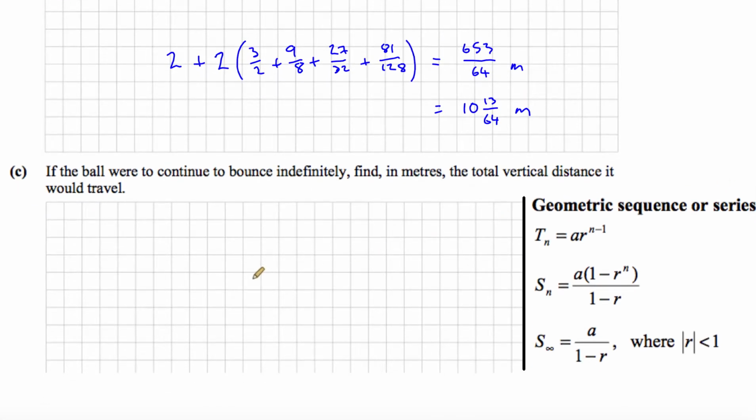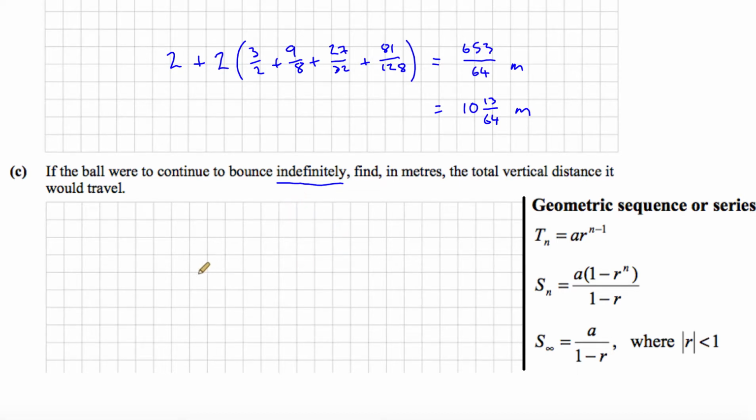Okay, part C. If the ball were to continue to bounce indefinitely, find in meters the total vertical distance it would travel. Okay, so if the ball were to bounce indefinitely, that's another way of saying it bounces an infinite number of times. It keeps bouncing. And remember, if it bounces to 3/4 of its previous height, that means it never stops bouncing.